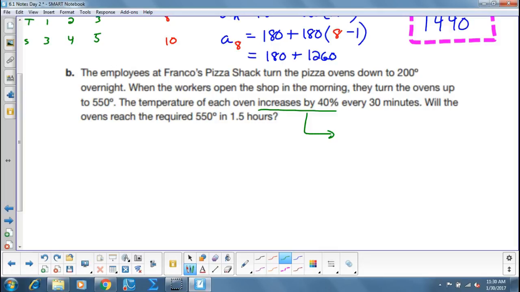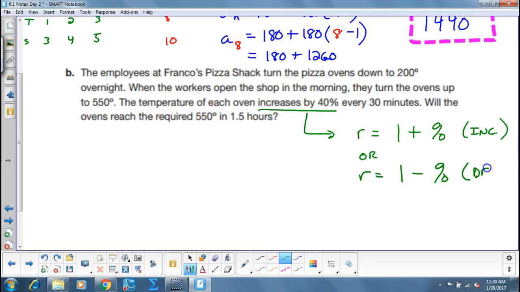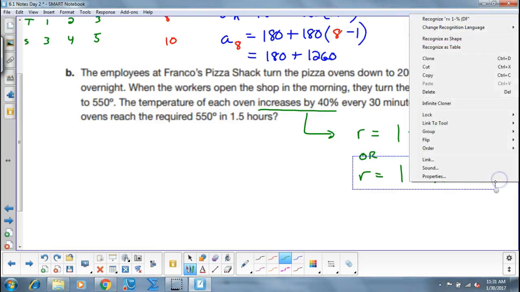So the r value then is going to equal 1 plus the percentage if you're increasing, or your r value is going to be 1 minus the percentage if you are decreasing.